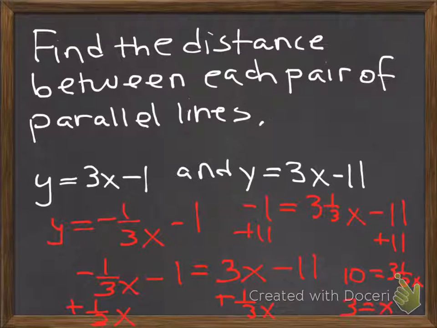So we get x equals 3, and then I'm going to plug that into either equation that I used here. If I plug that into 3x minus 11, I would have 3 times 3 is 9 minus 11. So y would be negative 2.